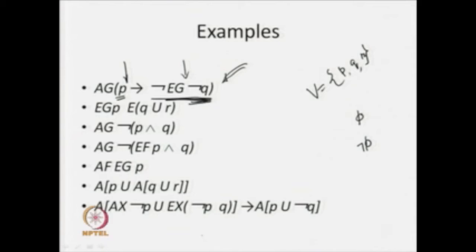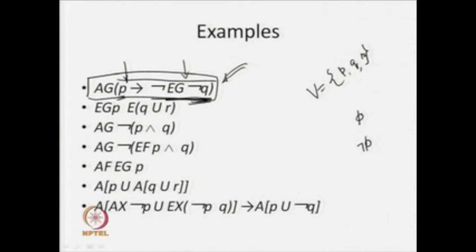These two are connected with the help of the implication operation, so this whole thing gives you a CTL formula. This is again quantified with a temporal operator G, whether globally this holds or not, and this globally operator is preceded by the path quantifier A. So, the whole formula is a CTL formula.